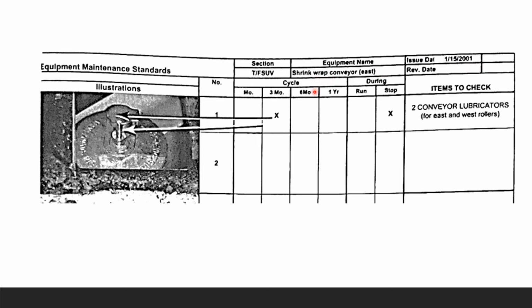And here we go, that is your cycle at 3 months, 6 months, a year. Then it's pointing out these 2 points, which is your X point. Then you're going to check your 2 conveyor lubricators for east and west rollers. That's what your lubrication point is, and that's how we form the equipment standards for lubricants.